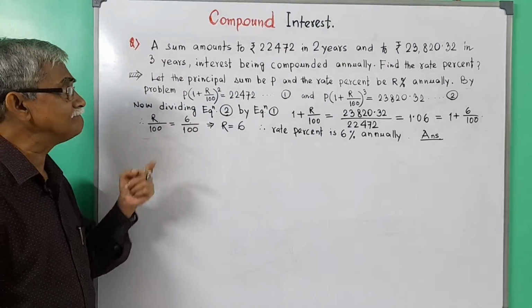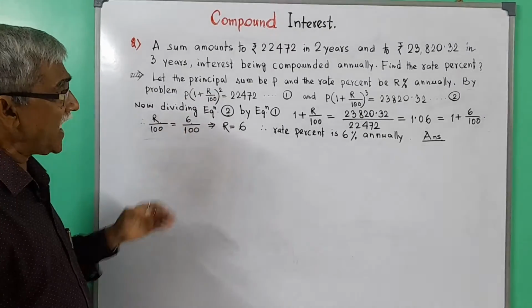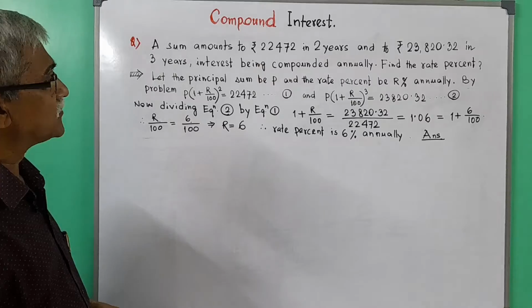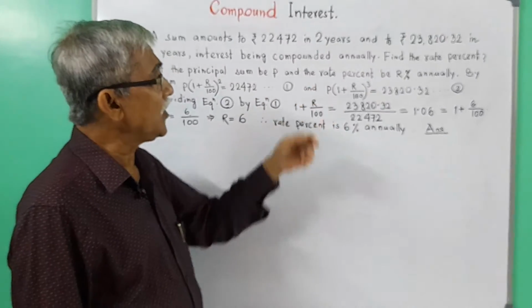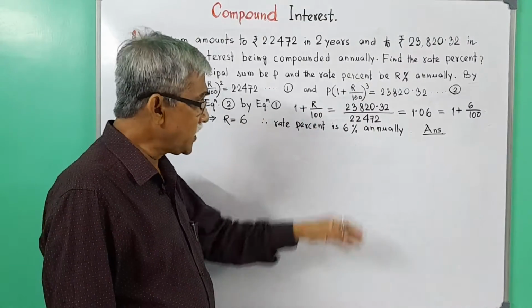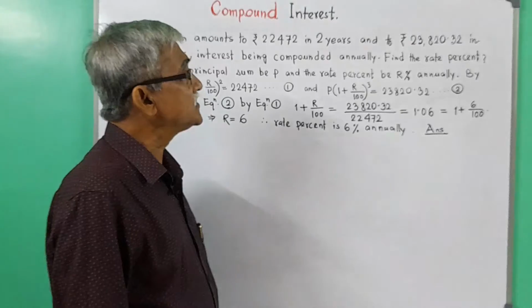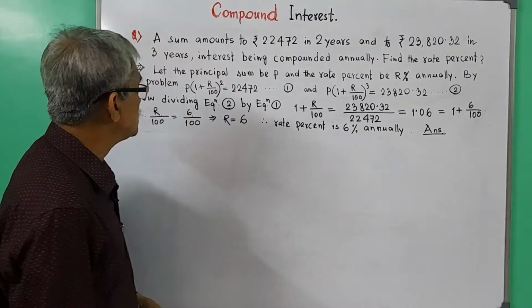Now by the problem, P into (1 plus R upon 100) whole square equals 22,472. Let this be equation 1. And P into (1 plus R by 100) whole cube equals 23,820.32. That is equation number 2.